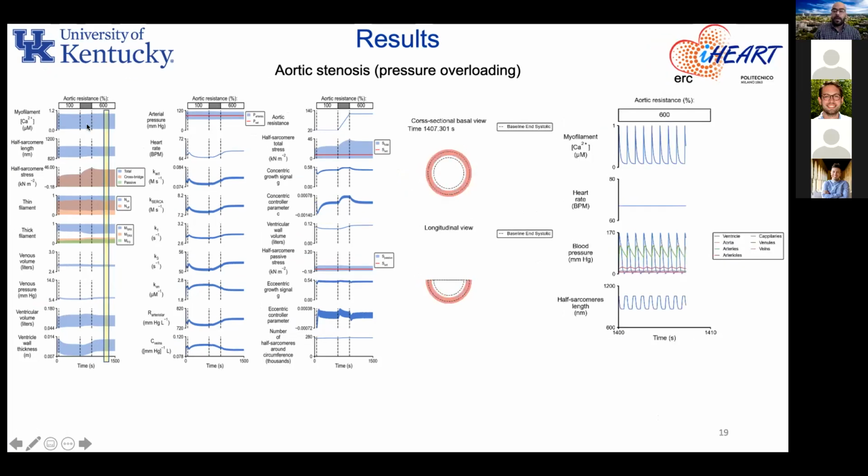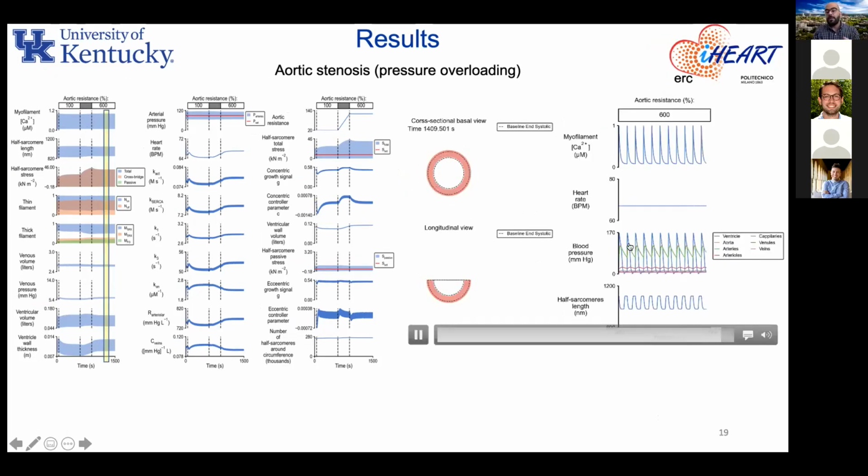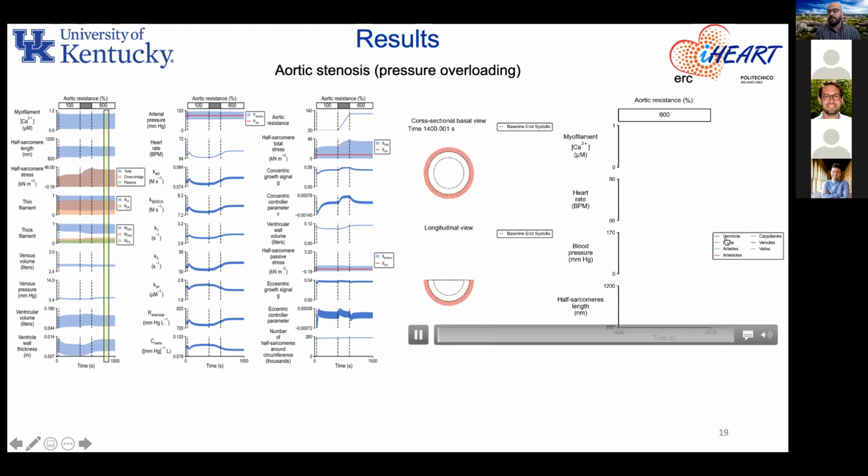It also shows how the afterload has been increased in response to this increase in the aortic resistance, which is shown here by this blue line, which is the blood pressure inside the ventricle.